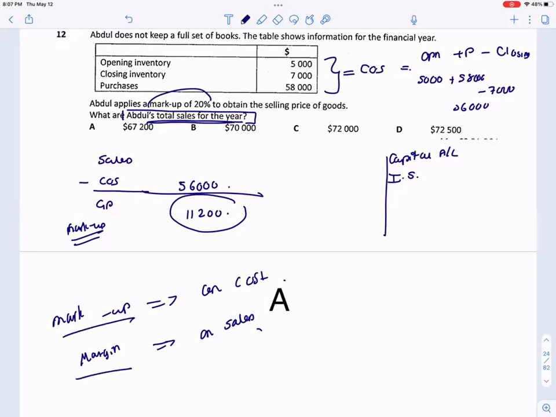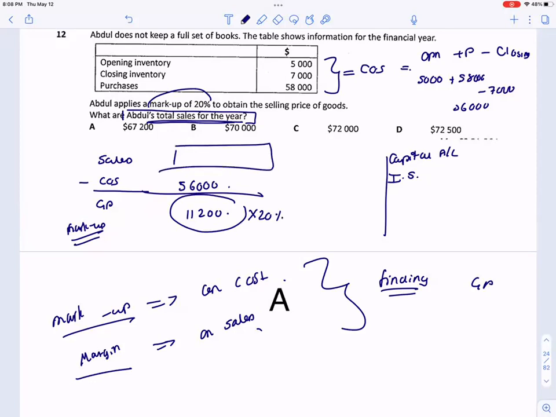Markup and margin, what are they used for? Markup is used for cost and margin is used for sales, finding gross profit. So I got the gross profit as 11,200, yes? So what is the sales?